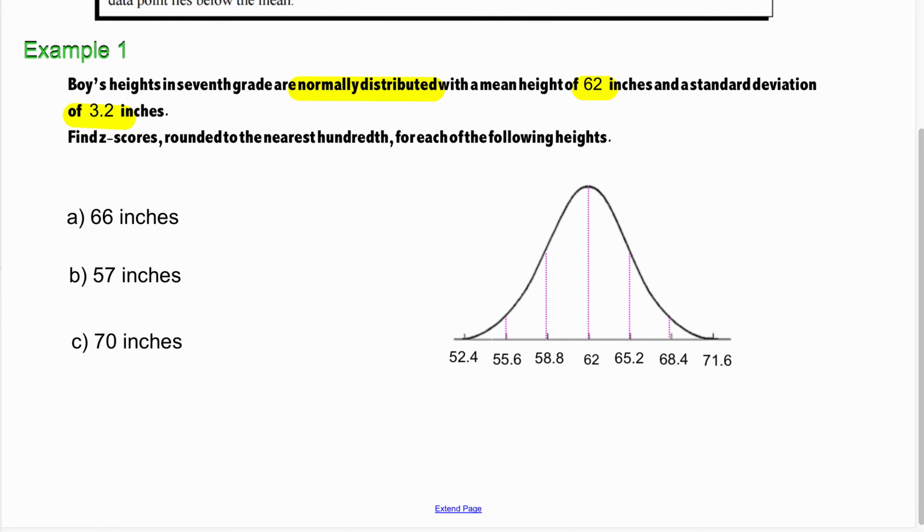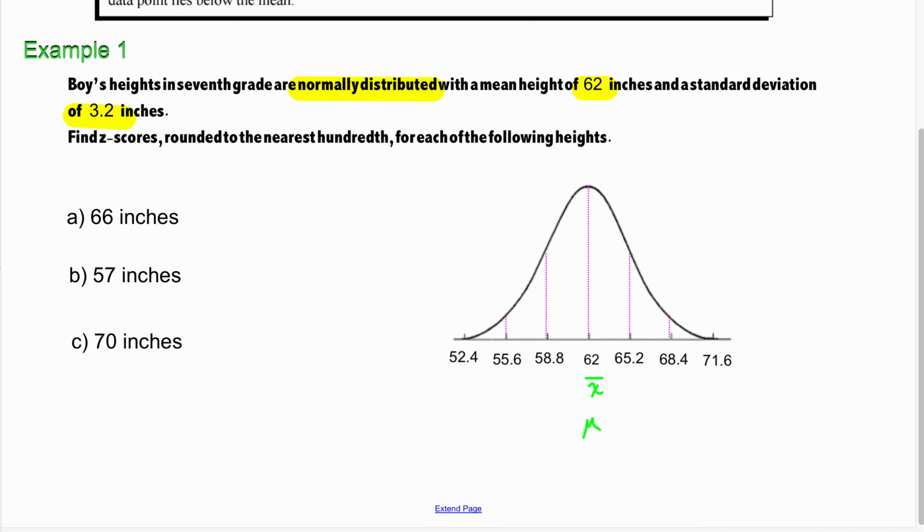So, you know me, I always go and draw a bell curve. I like to see it visually. So I put my average at 62, whether you want to say that's x bar, or if you want to call it mu, whatever. And then I gave myself 3 standard deviations to the right, and likewise 3 standard deviations to the left.